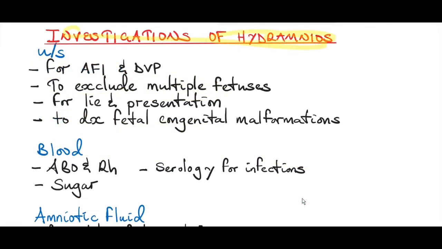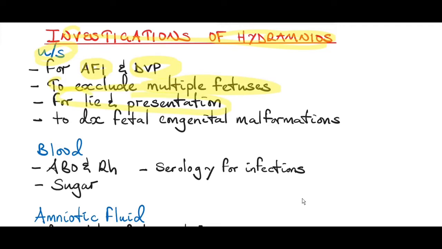Investigations of polyhydramnios. Ultrasound is very important. It's important for amniotic fluid index and deepest vertical pocket estimation. Remember that amniotic fluid index and deepest vertical pocket will help you tell the severity of the polyhydramnios. Ultrasound to exclude multiple pregnancy. Remember, we said multiple pregnancy is another cause of polyhydramnios.